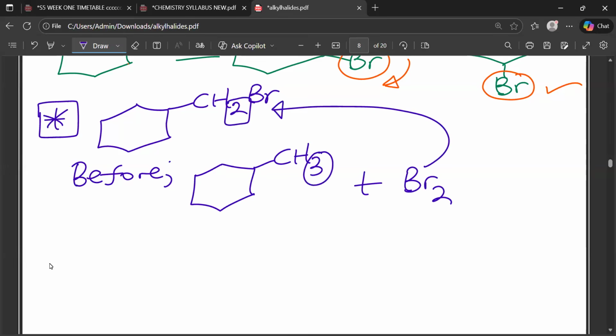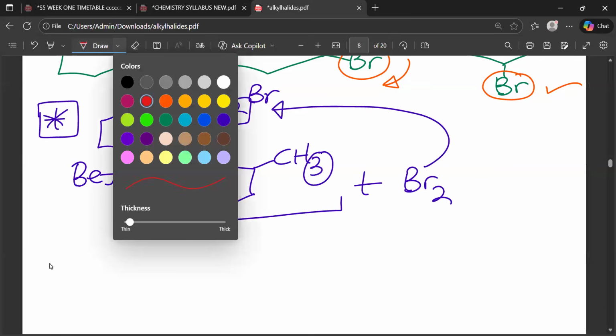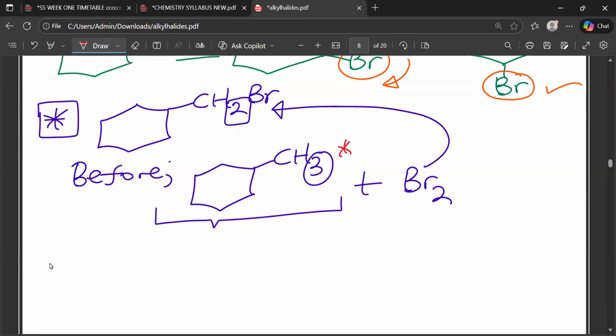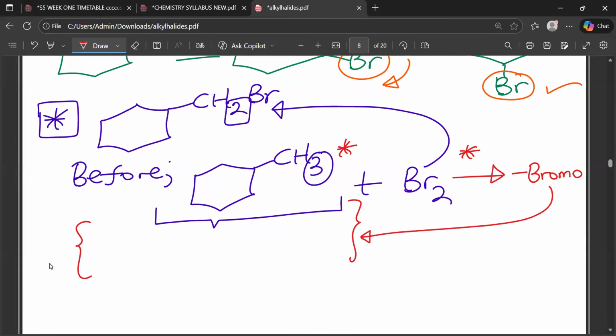So you need to know the name of this first. After knowing the name of that, it becomes easy. Don't you remember we had methane, then BR brought bromo, then we said bromomethane. So first find out the name of this. After knowing the name of that, remember that this one brings bromo. So we just have bromo this, like that.